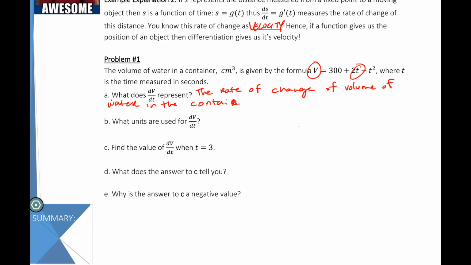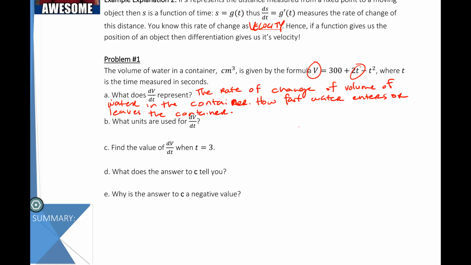Let's think about this for a second, what it means. Well, if the volume of water is changing, that means it could be increasing or decreasing. The rate at which it's increasing or decreasing just talks about, hey, how fast is that happening? So this tells us how fast water enters or leaves the container.